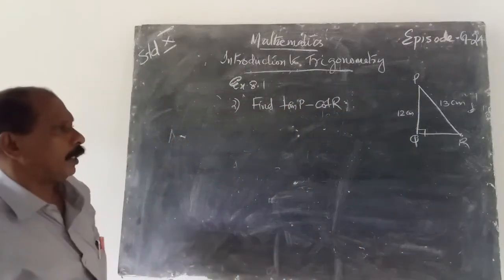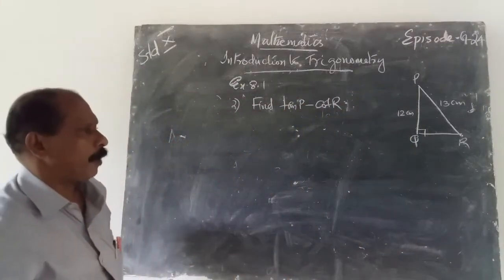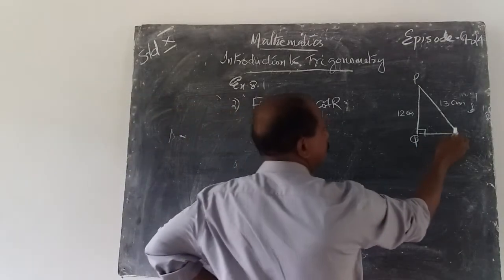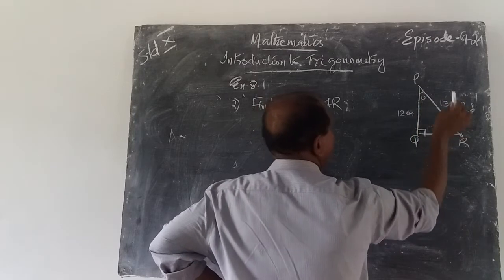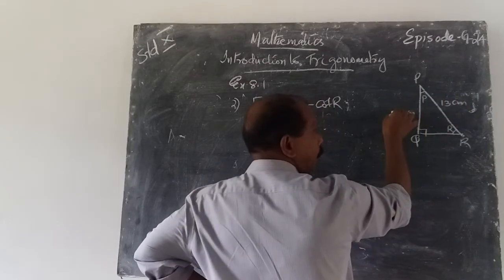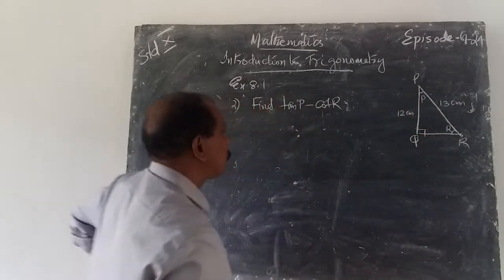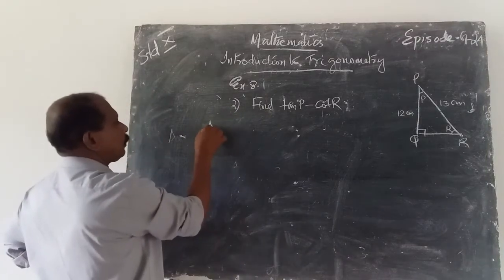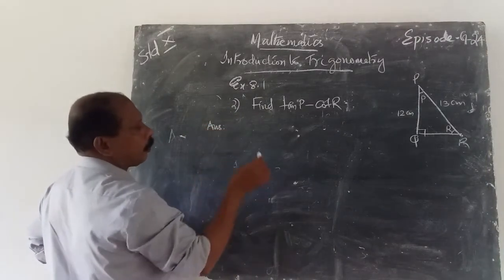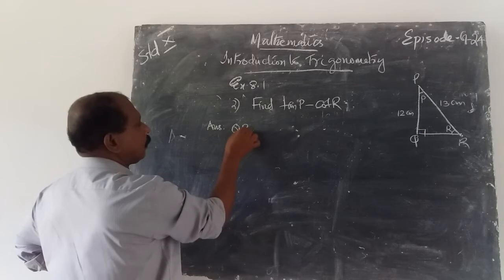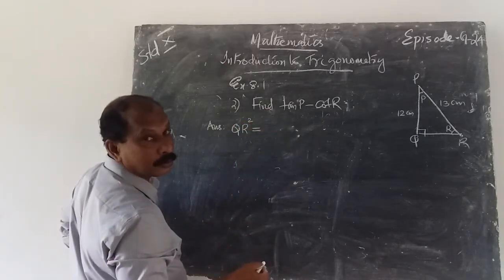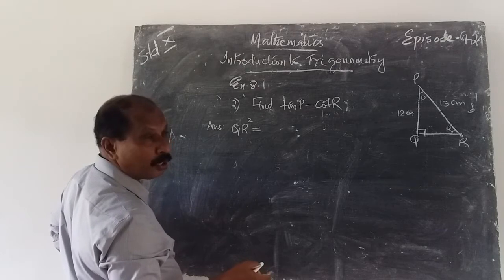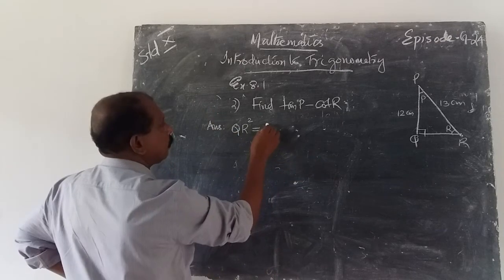This angle is R, this angle is P. Therefore, hypotenuse and altitude are given, we can find out the base. Therefore, what is the answer? QR square is equal to base square, that is hypotenuse square minus altitude square.